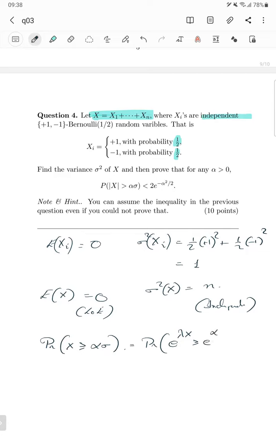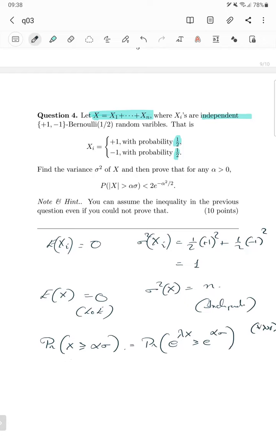For all positive lambda, e raised to lambda x is an increasing function. So in order to compare two values, you can substitute them inside any increasing function and say that the function value is larger.